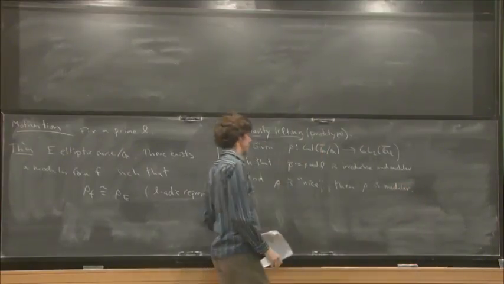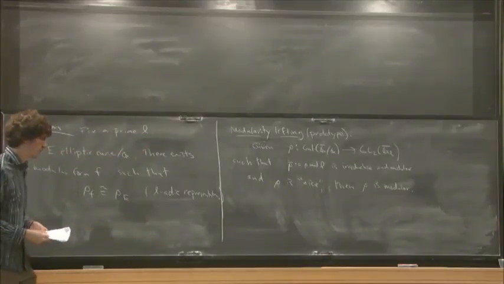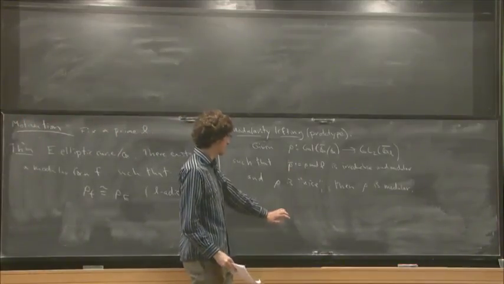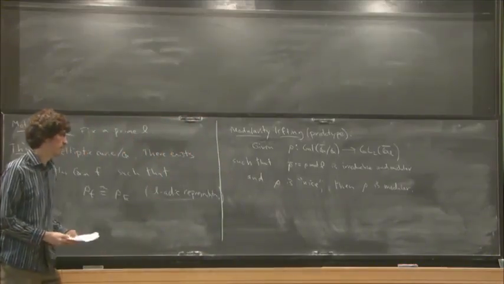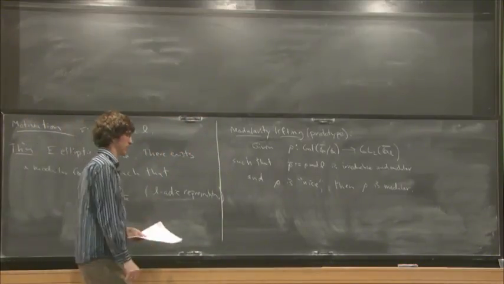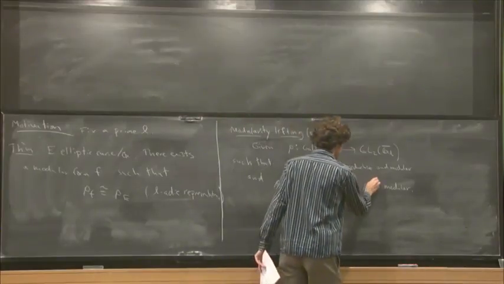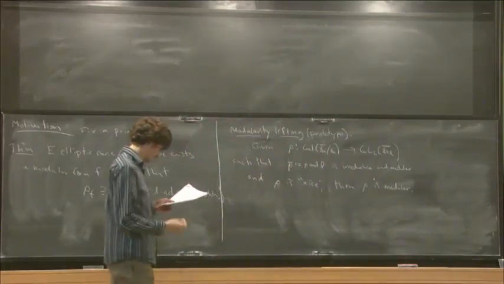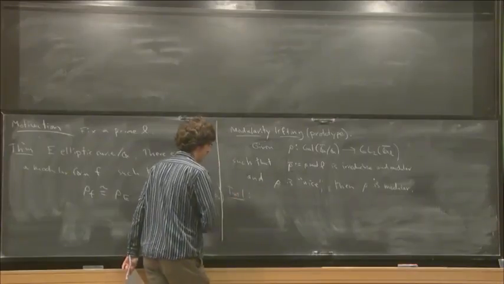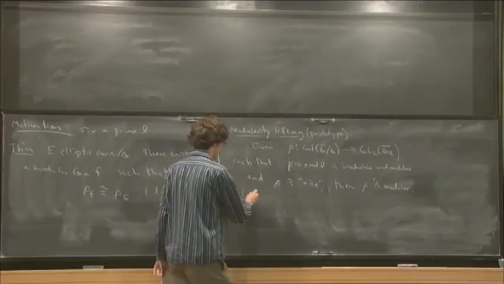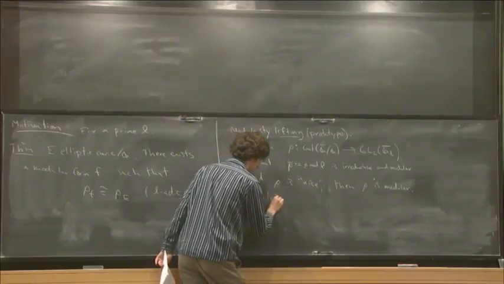So the idea is to lift the modularity of this complicated L-adic representation rho from the modularity of rho bar, which is somehow a much simpler object. All right, so the key tool here falls under Galois deformation theory.